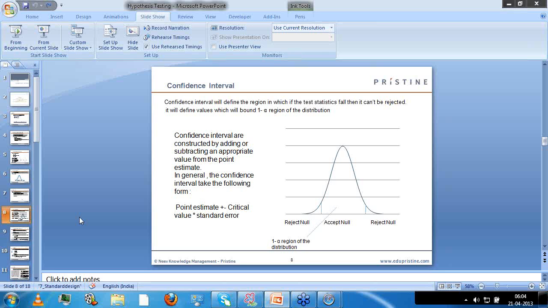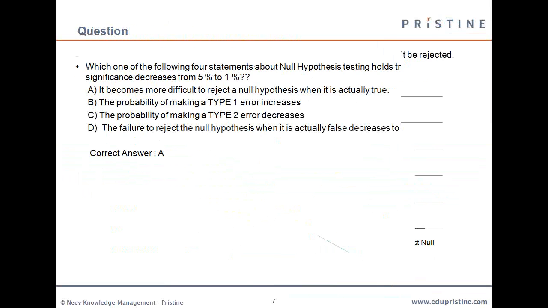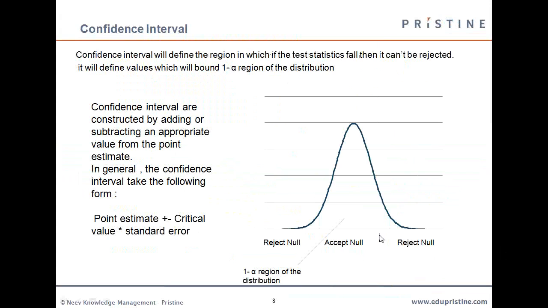So if your confidence interval bounds the region in which we can accept the null hypothesis, the region bounded by these two lines is equal to 1 minus alpha % of the region of the distribution.